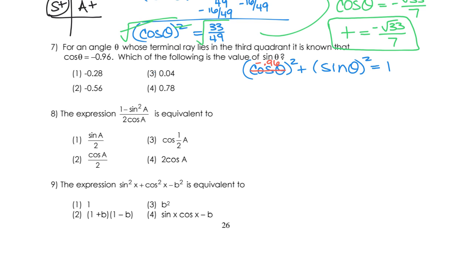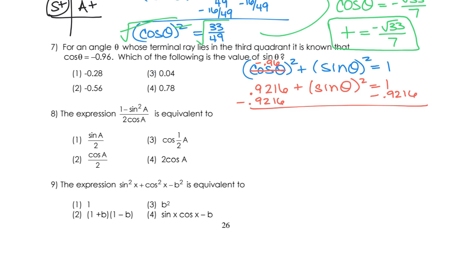We'll square negative 0.96 in our calculator, and we end up with 0.9216 plus sine theta squared equals 1. We'll subtract 0.9216, and we end up with sine theta squared equals 0.0784.